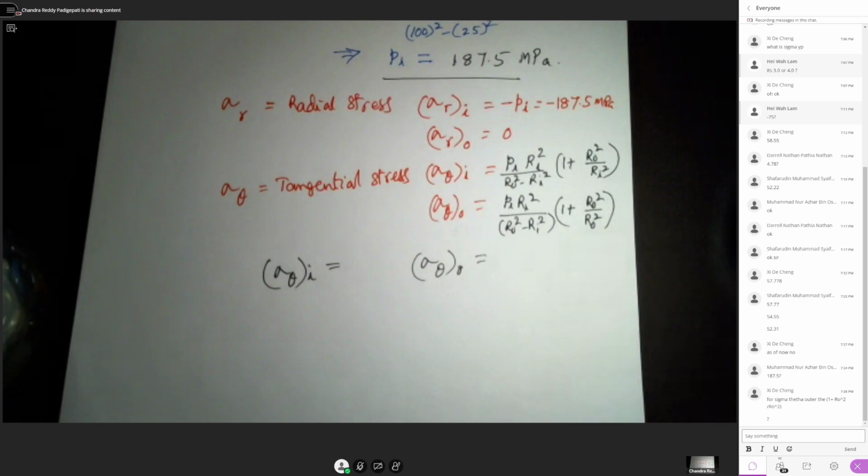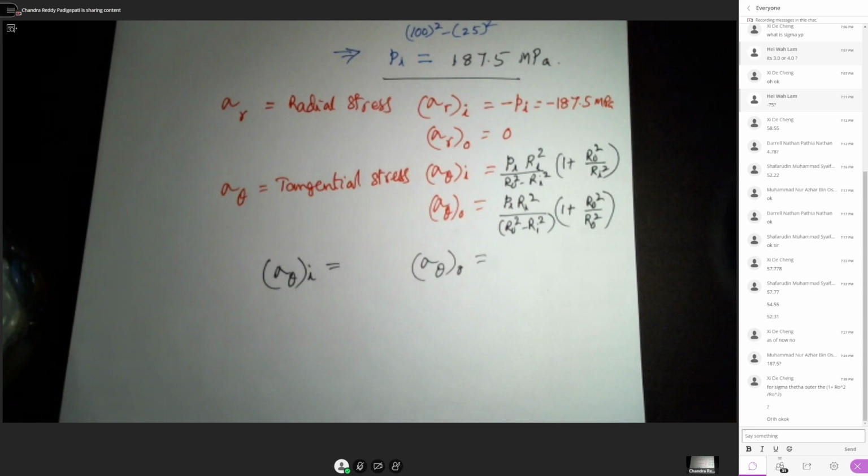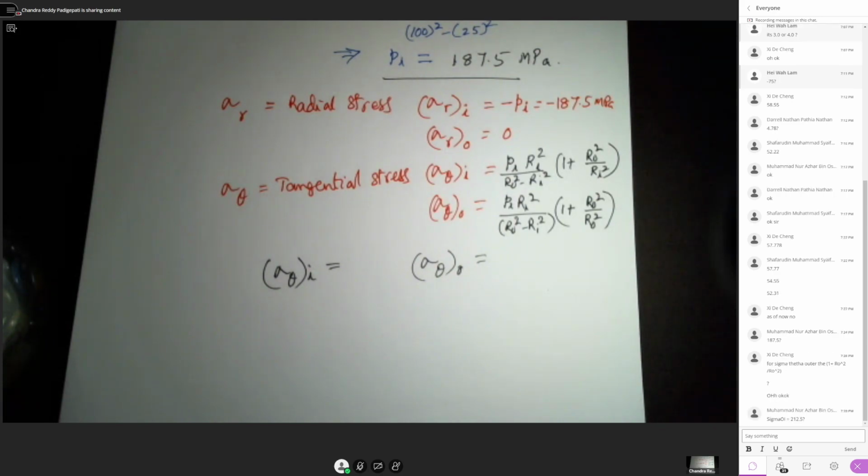So 1 plus 1 will be 2. 212.5 is correct.